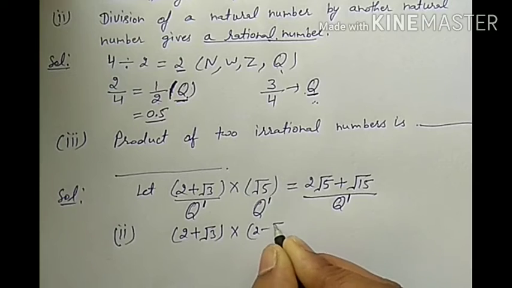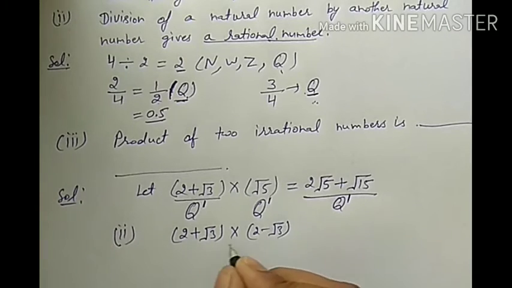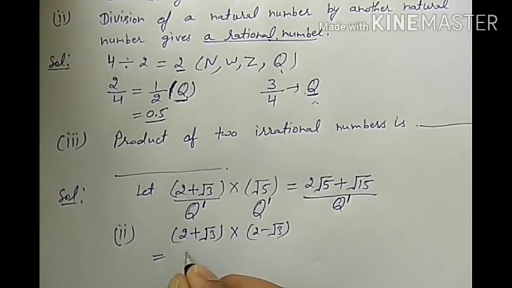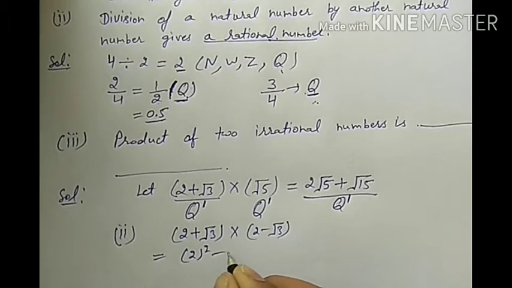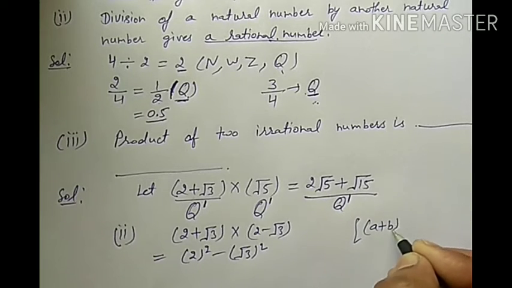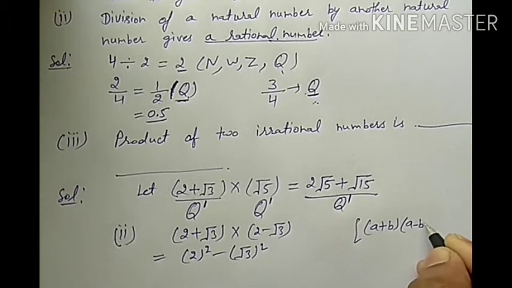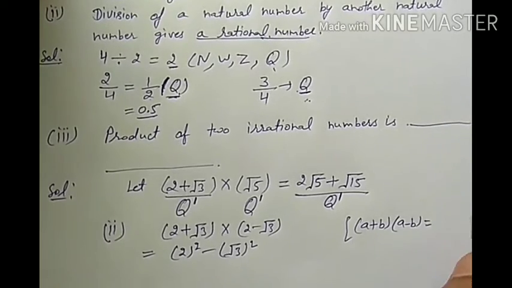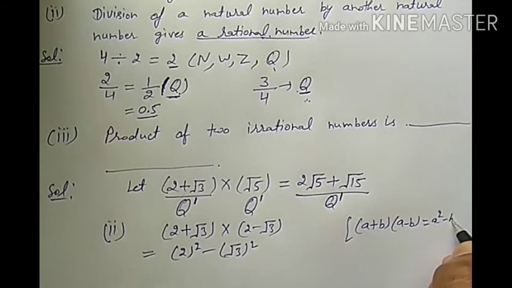But if we take a second example, that one irrational number is 2 plus under root 3, another irrational number is 2 minus under root 3, and we multiply both, then we get a square minus b square, using the identity (a plus b)(a minus b) is equal to a square minus b square.